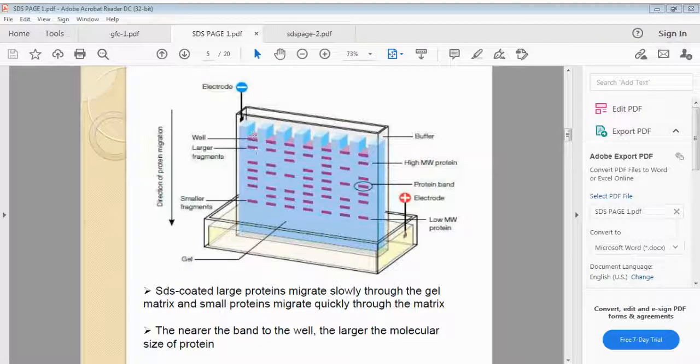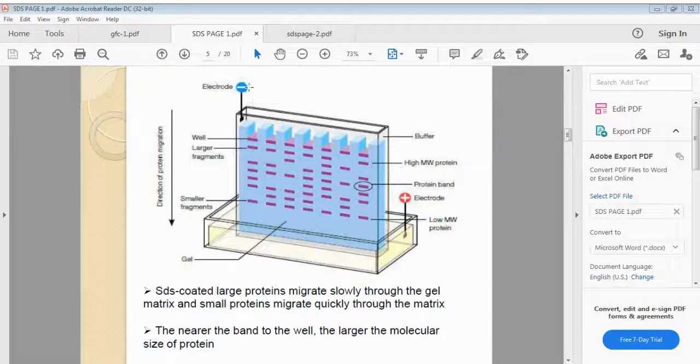There will be two gels: one is the actual separation gel, and the other one on top is the stacking gel. On the stacking gel you can see wells are prepared by using the comb, and in the wells the protein sample will be applied, either injected or pipetted into the wells.